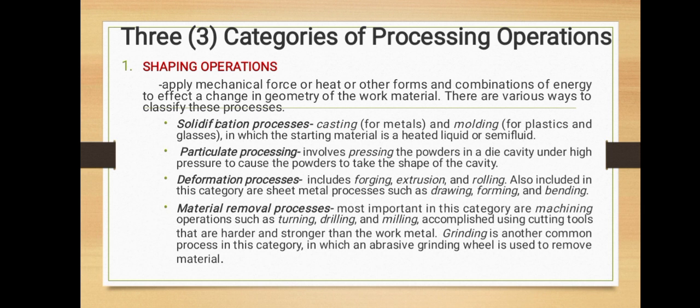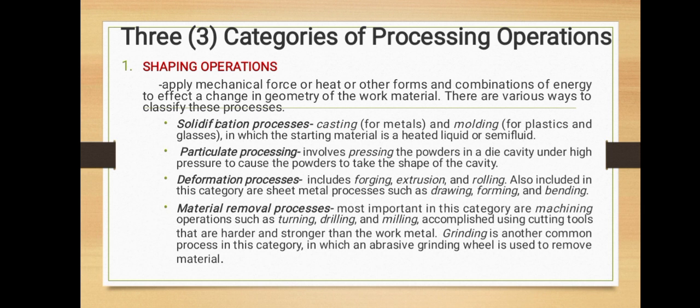First is solidification processes, casting and molding, in which the starting material is heated to a liquid or semi-fluid state. Second, particulate processing involves pressing powders in a die cavity under high pressure to cause the powders to take the shape of the cavity.